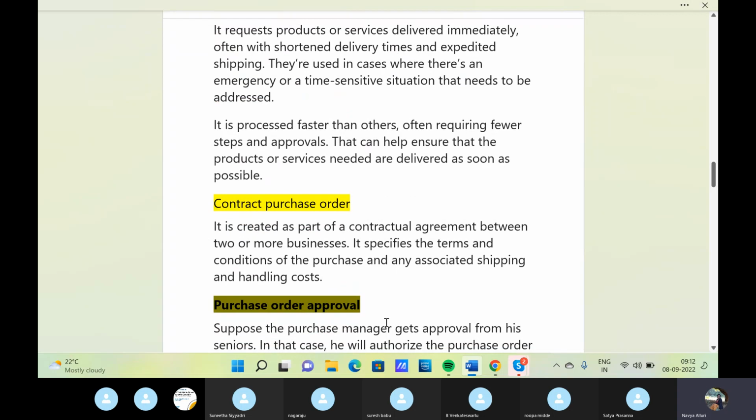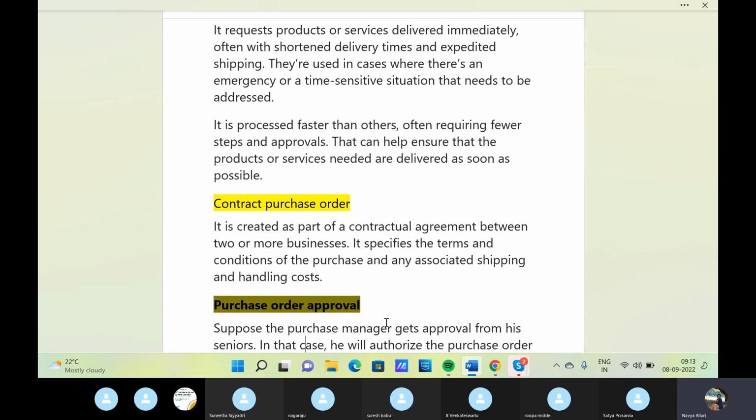A contract purchase order is nothing but an agreement between two or more companies or businesses. They agree for 2 or 3 years, like that, and they contract with the buyer, because all the conditions are mentioned in the purchase order.